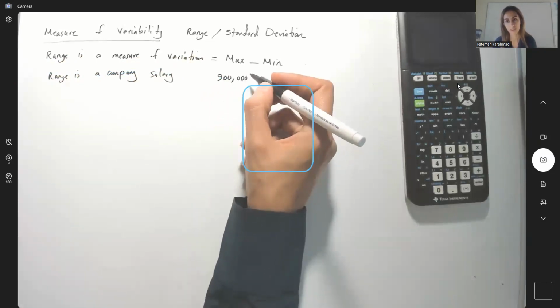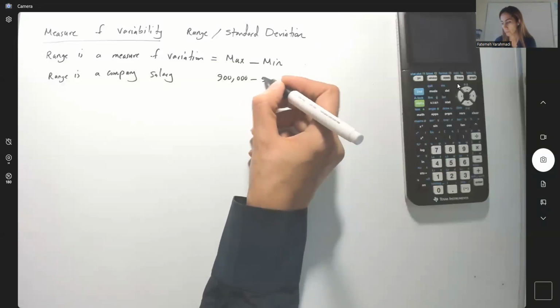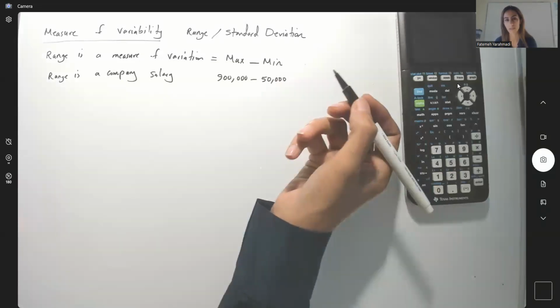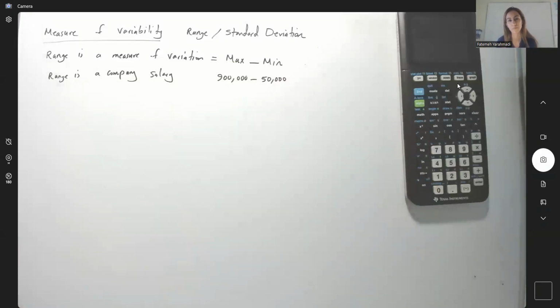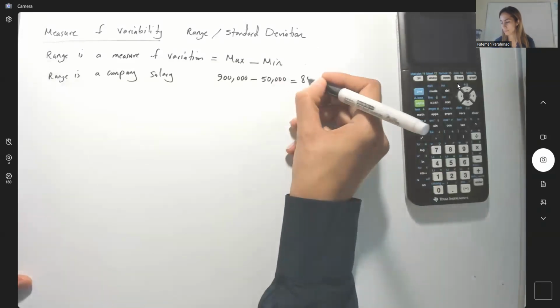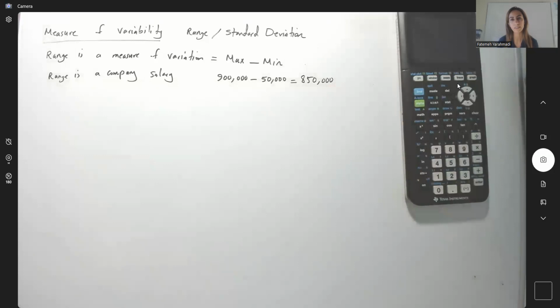Yes, I know we all saw the reports, and the lowest might be like $50,000. Well, this is a huge difference between the maximum and minimum salary, right? But it doesn't give us anything meaningful. It just says that, hey, huge difference between the maximum and minimum salary.